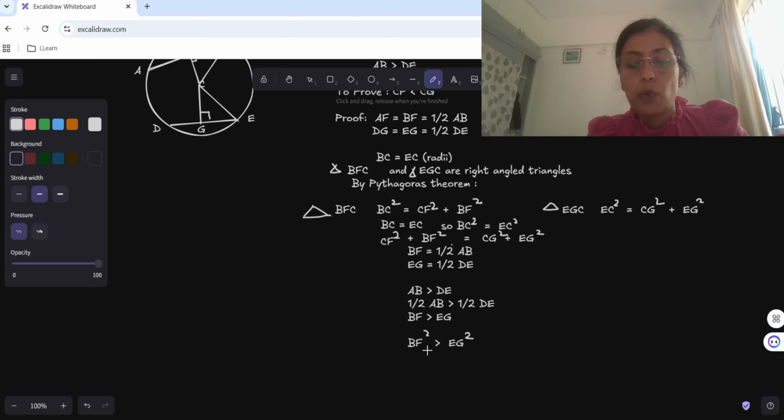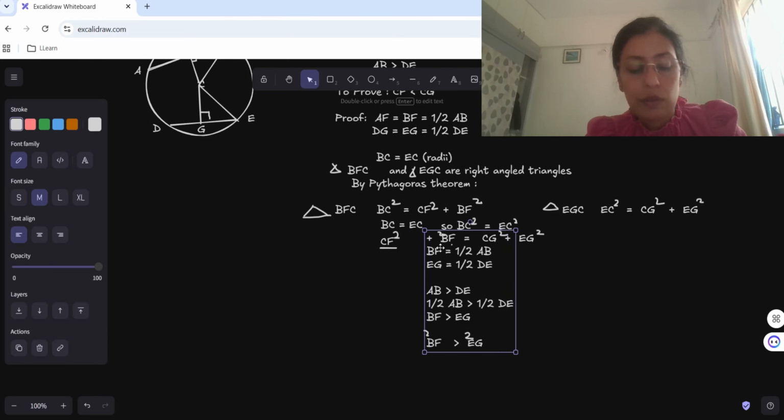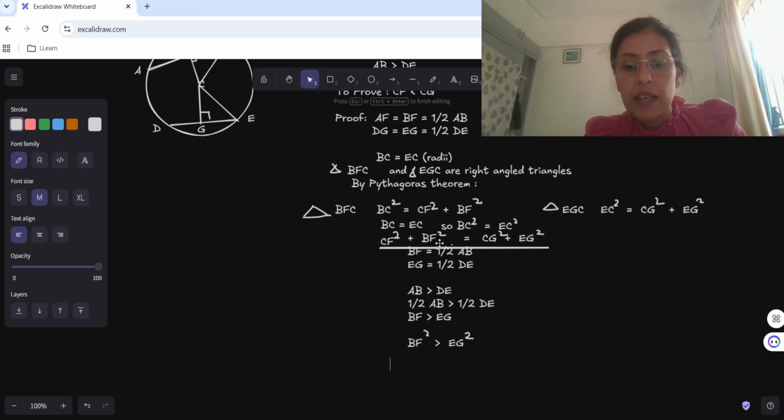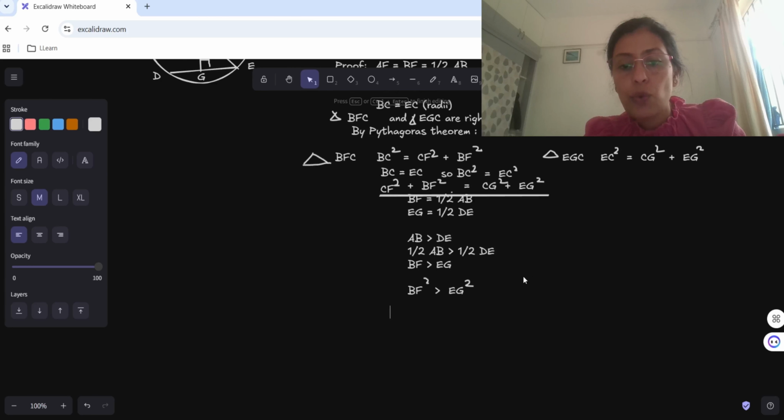Now, what we see here is, let's see, this is the one we'll take now. CF square plus BF square is equal to CG square plus EG square. Now we are saying BF square is greater than EG square.